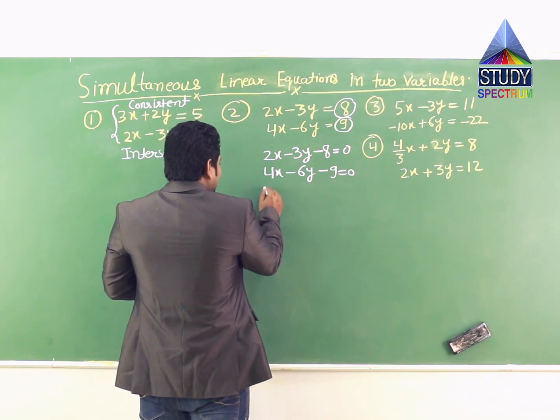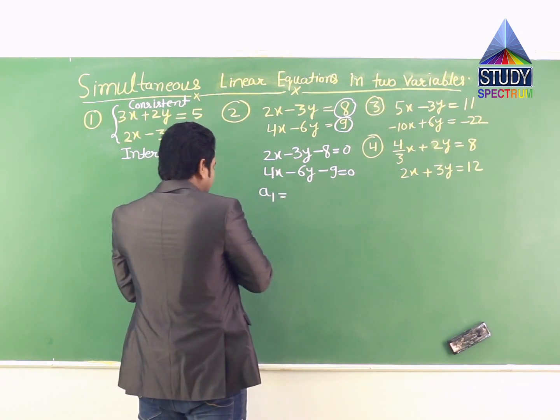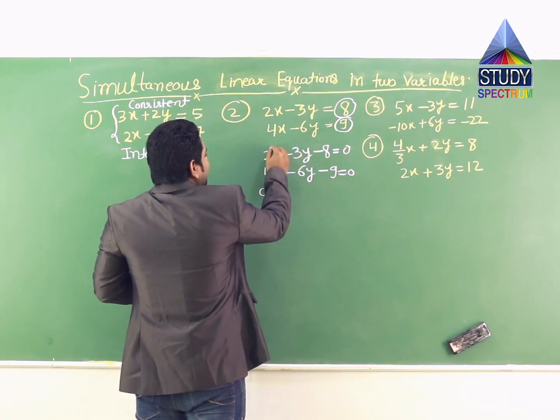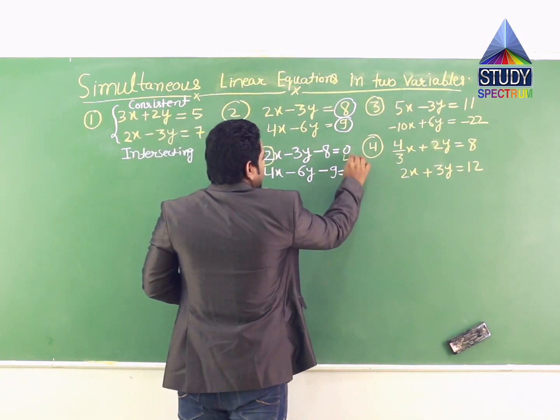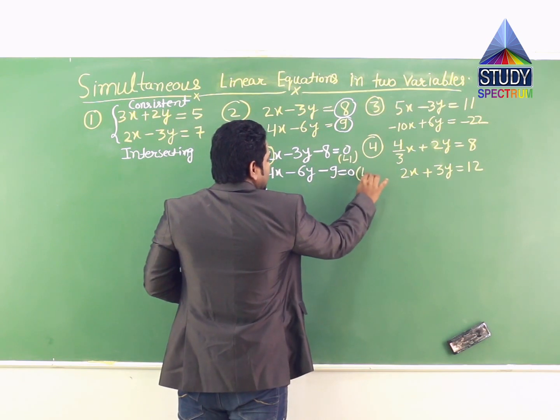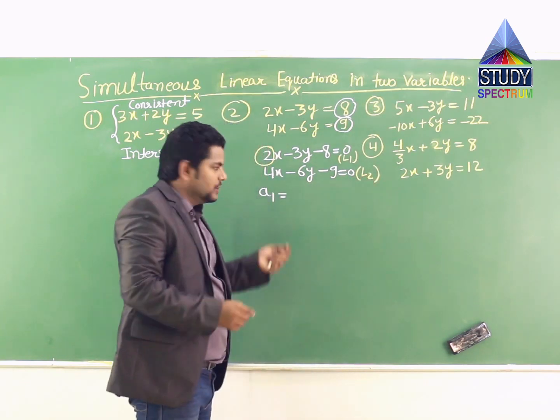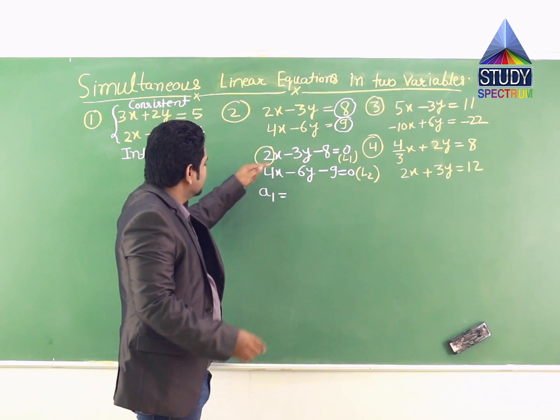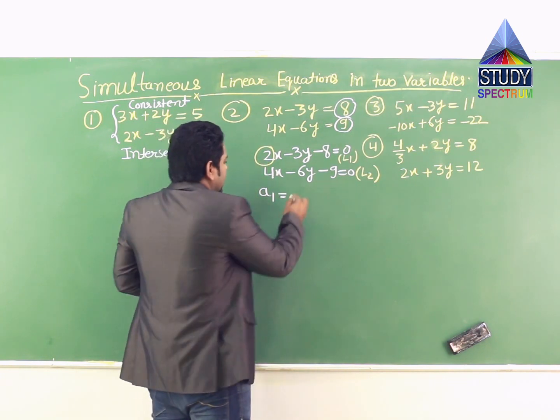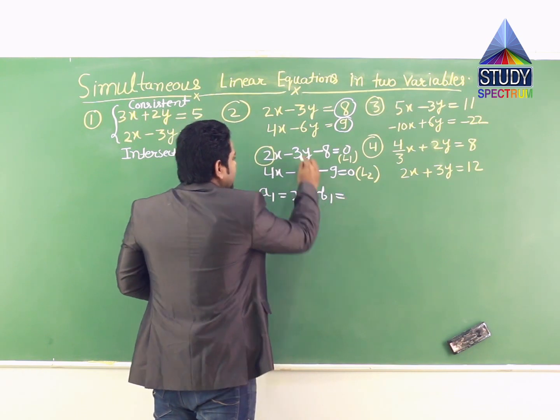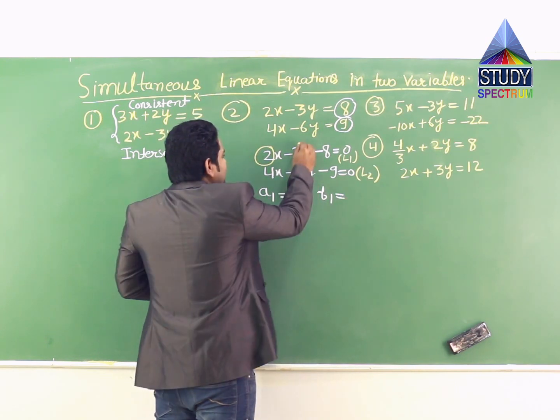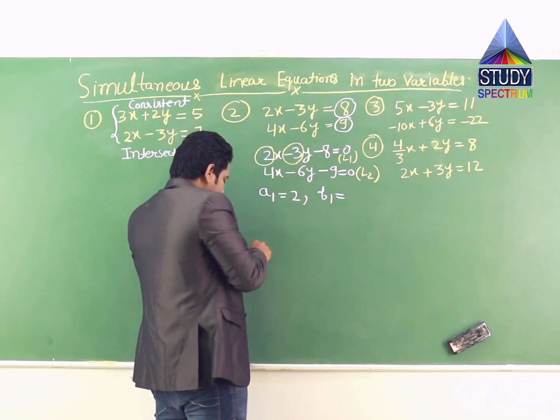What is A1 here? Suppose this is line L1 and this line is L2. So A1 for line L1 is 2. B1 is minus 3 here.